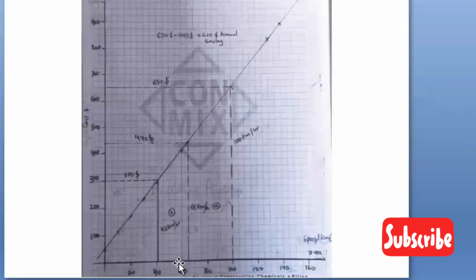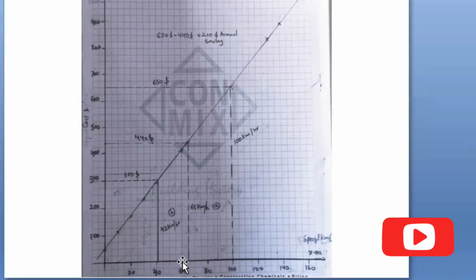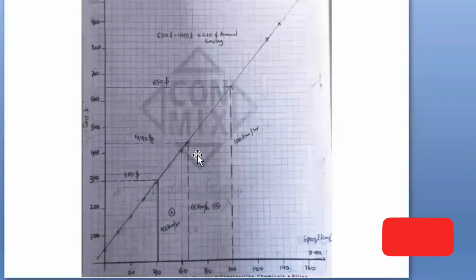Here we have the 60 and here is 70, so this is 65 kilometers. I drew this vertical line till the straight line, and then I drew the horizontal line. So I found that the cost he needed is $440.